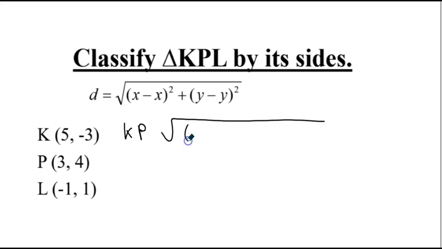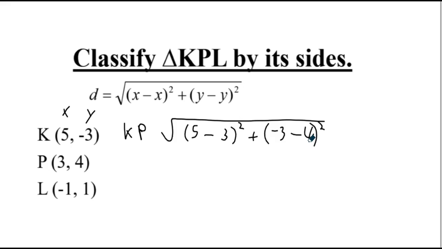So again, I do this. Then I put in my K, 5. And I put in my P, 3. My X. And now my Y's, or X is here, Y is here. Y of negative 3 and Y of 4. They go in the same order.